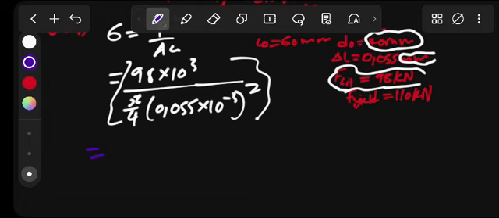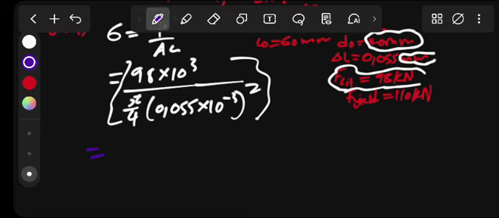Divide this by pi over 4 times 0.055 times 10 to the power of minus 3. Then I square this. Then I will have, let me just reduce a bit. Oh, this will be huge. Oh, this is very huge, but there's no problem. Since it is huge like this, I can reduce it a bit.